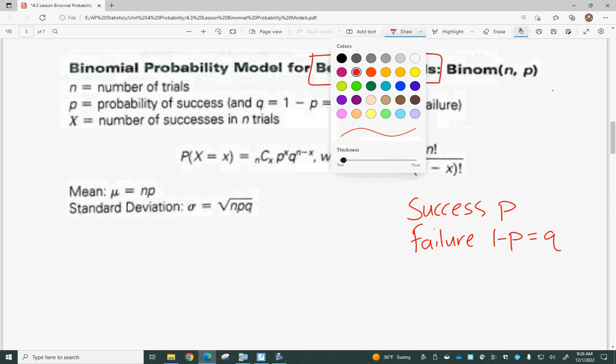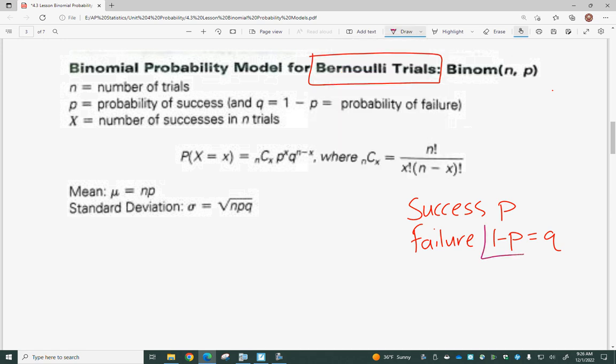Again, on the formula sheet, Q is referred to as 1 minus P. So you need to be able to identify the probability of failure in both ways, 1 minus P or Q. Honestly, for me, I don't care which one you use, but I'm going to use Q for our purposes, and you can see that Q is going to be used in some of these calculations. And again, this capital X is the number of successes.